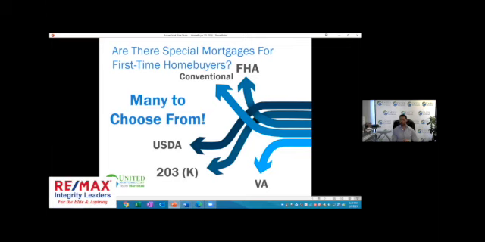So 0% for VA, and there's no mortgage insurance. So normally when you take out a conventional loan and you put down 3%, 5%, 10%, what's going to happen is you pay mortgage insurance monthly, which we're going to get into in a second. But VA, literally 0% down, no mortgage insurance monthly, and the rates are really, really attractive.